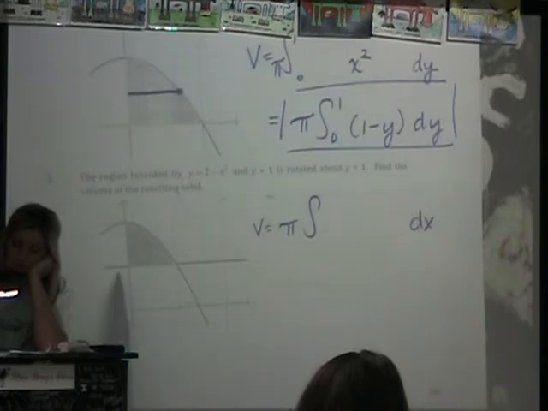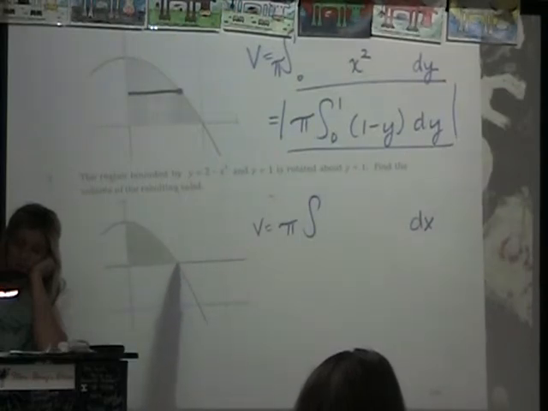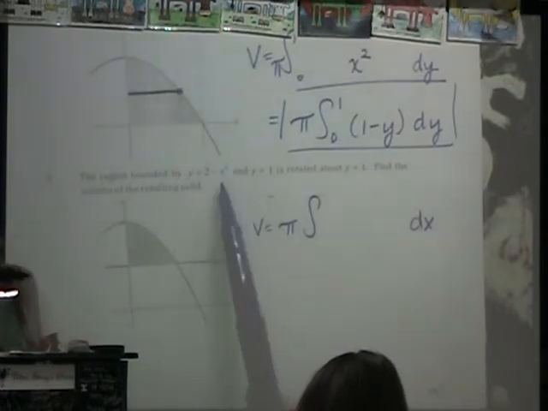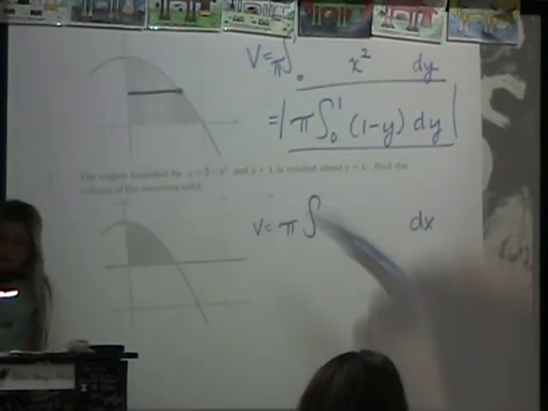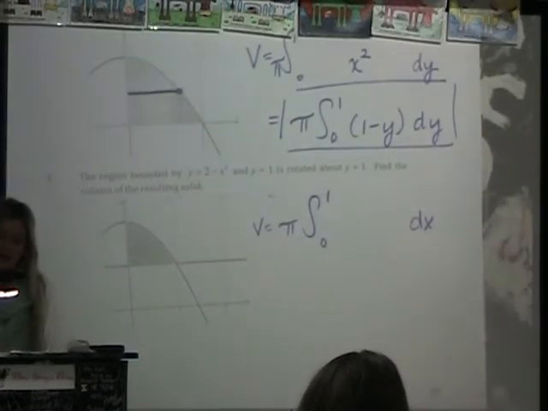So it's going to be from here to here. So 0 to 1. If you put 1 in for x, you get 1. So 0 to 1.